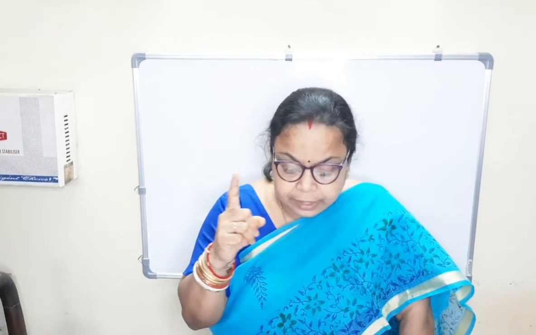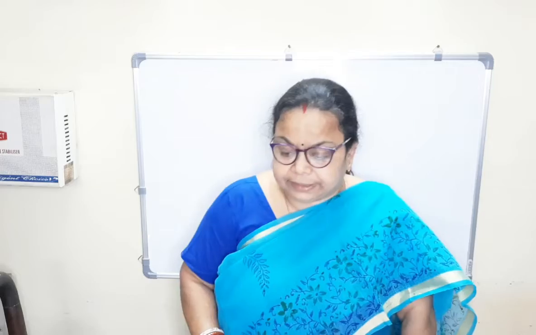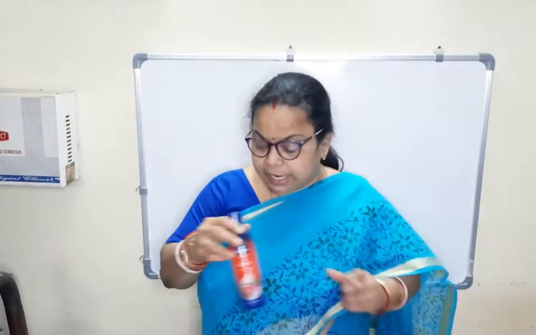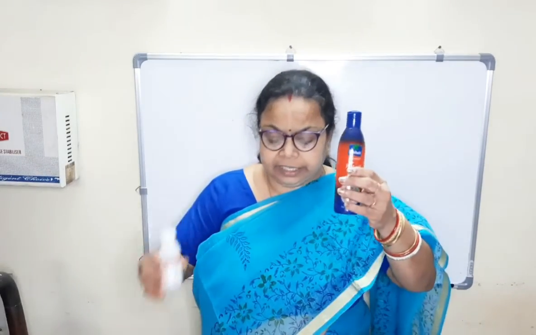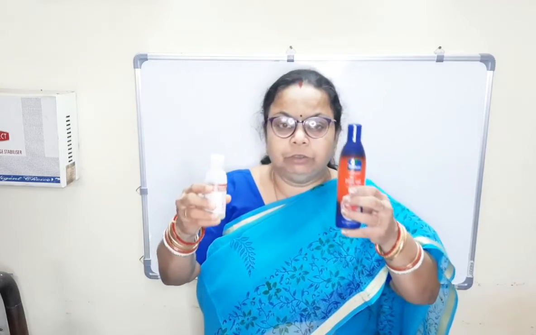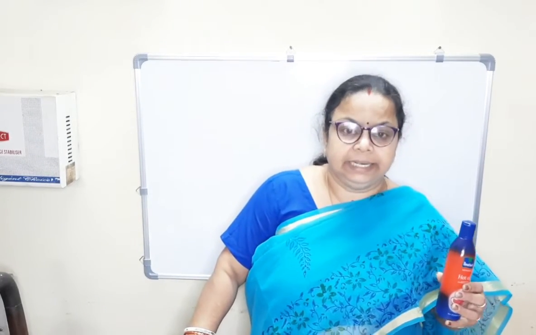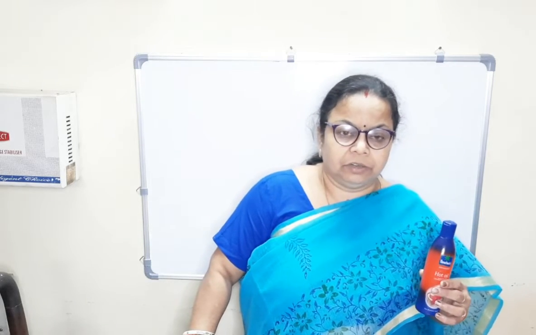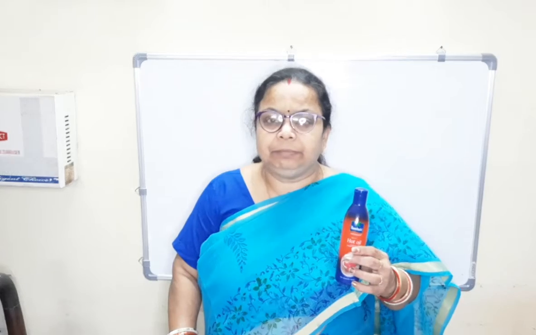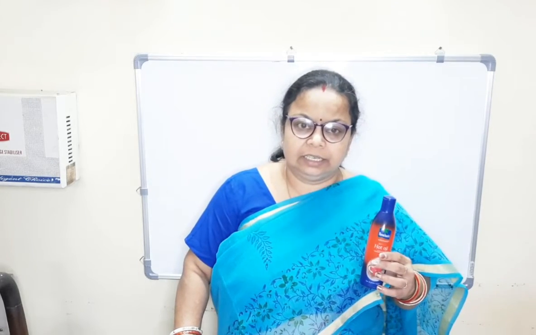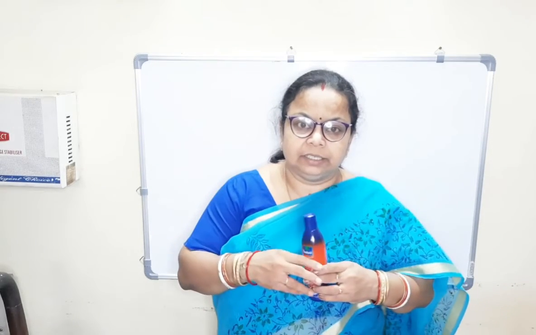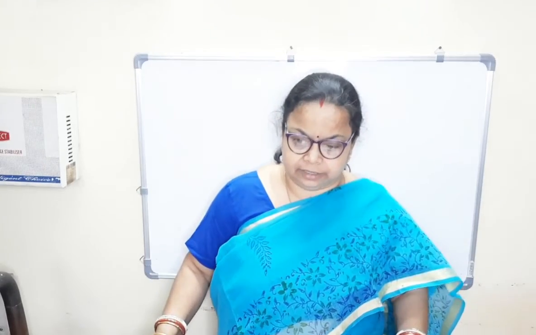Children, remember, for measuring the capacity of a small container like this, we use a smaller measure called milliliter. Children, in this way, when you see the big bottle, you express it in liter.